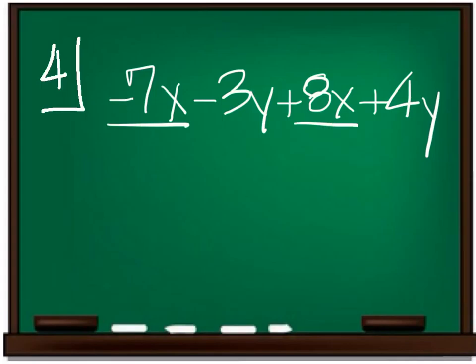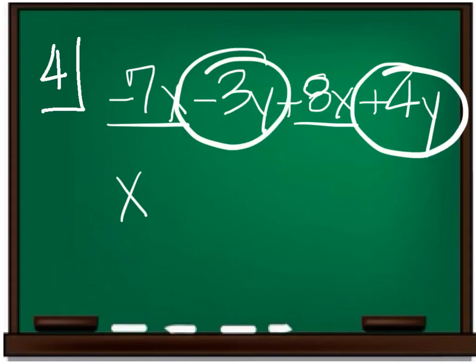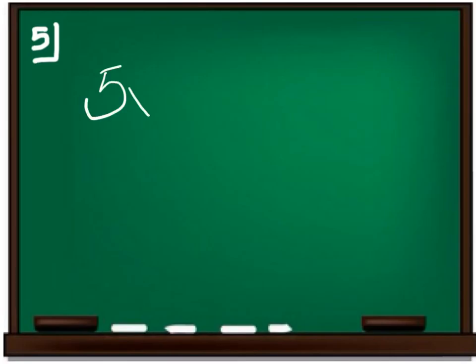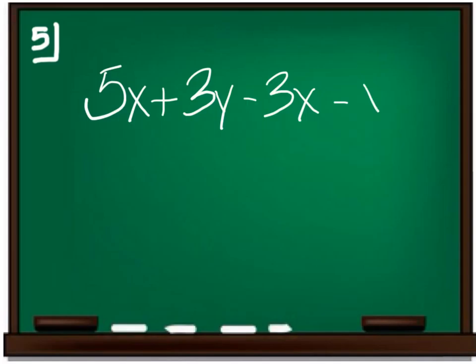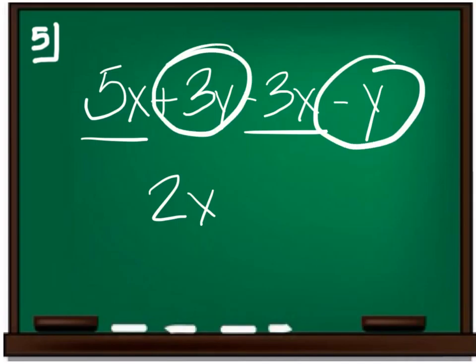Negative 7x plus 8x is x, and then negative 3y plus 4y is y. 5x minus 3x is 2x, and 3y minus y is 2y.